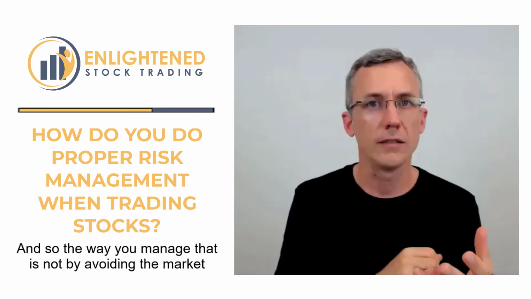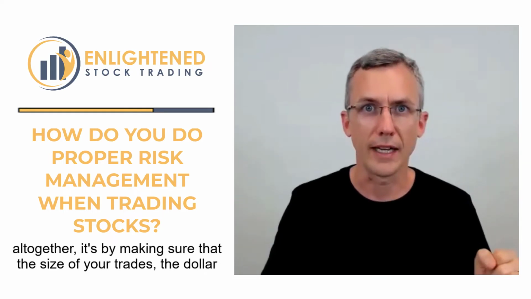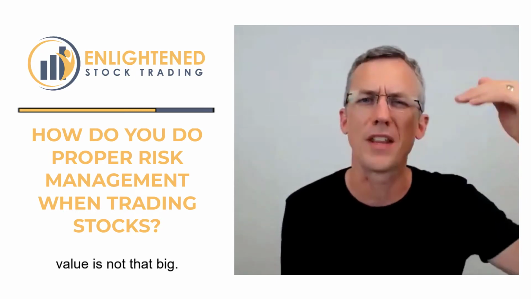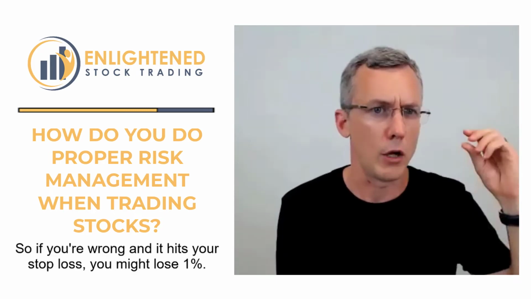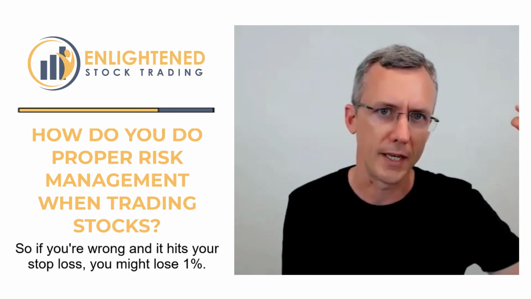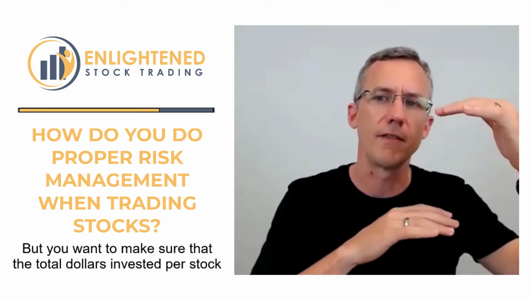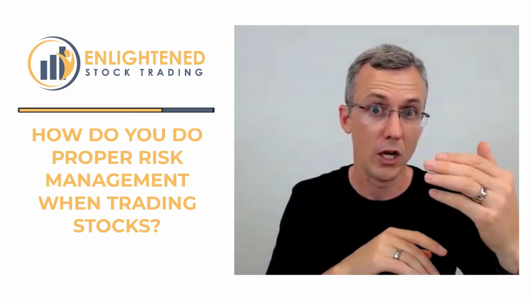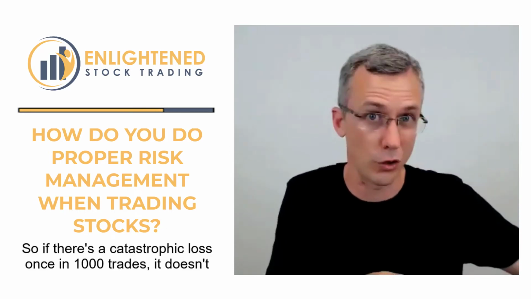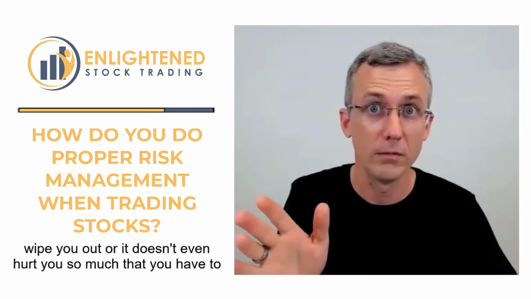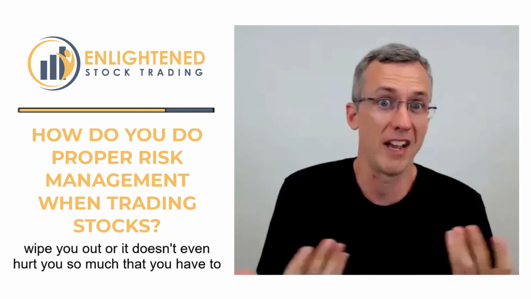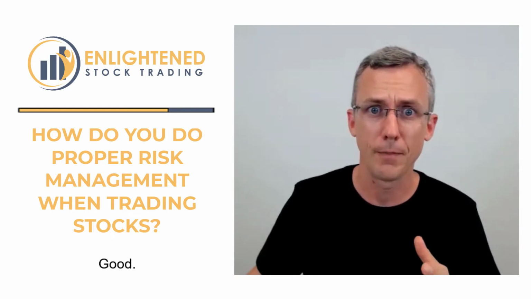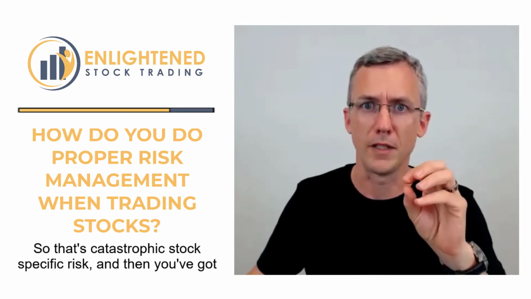The way you manage that is not by avoiding the market altogether. It's by making sure that the dollar size of your trades is not that big. If you're wrong and it hits your stop loss, you might lose 1%. But you want to make sure that the total dollars invested per stock is less than, say, 5 or 10% of your account. So if there's a catastrophic loss once in 1,000 trades, it doesn't wipe you out, or even hurt you so much that you lose sleep over it. Yes, it's annoying, but it doesn't kill you. Good, so that's catastrophic stock-specific risk.